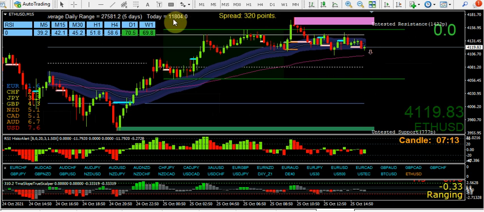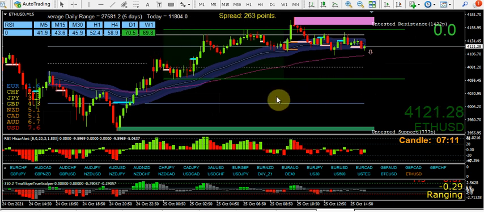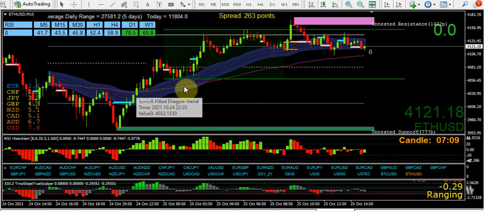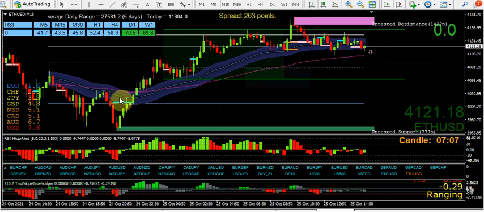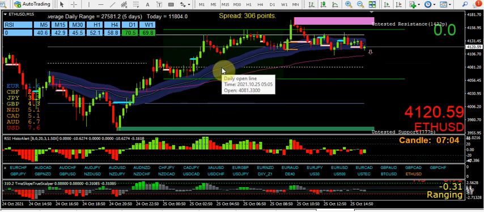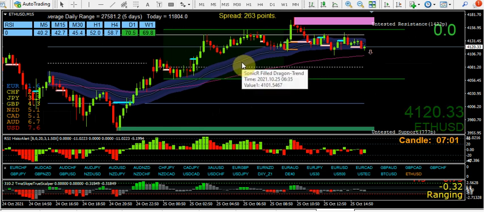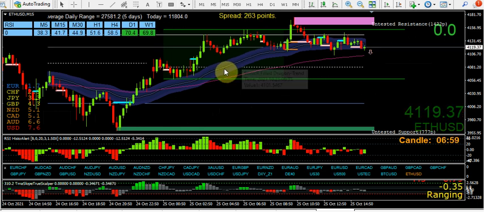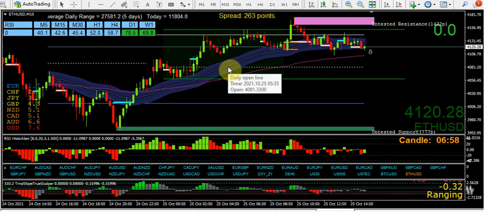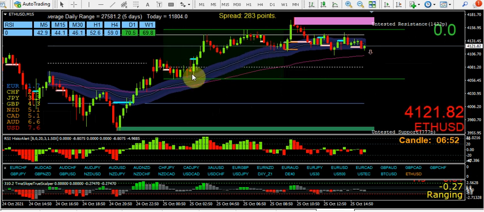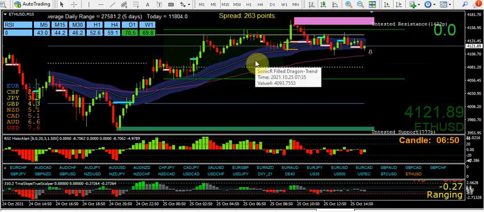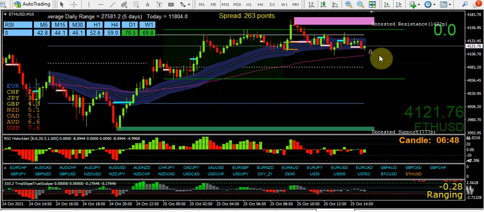Now something else that occurred to me while I was walking around is that these methods are as old as the hills. This is the Sonic R Dragon that if you go onto Forex Factory you will see. I think it dates back to about 2006, somewhere around there. So what's that? It's 15 years now. Sonic DJ, fantastic trader. I think he trades massive accounts now, other people's money.